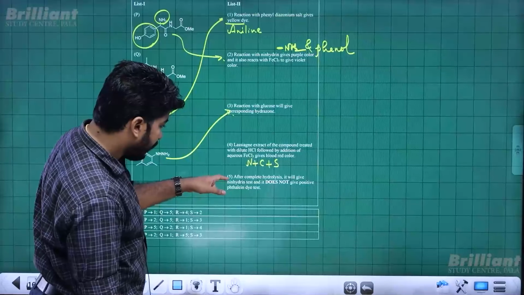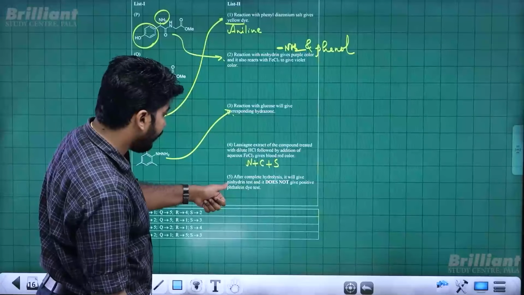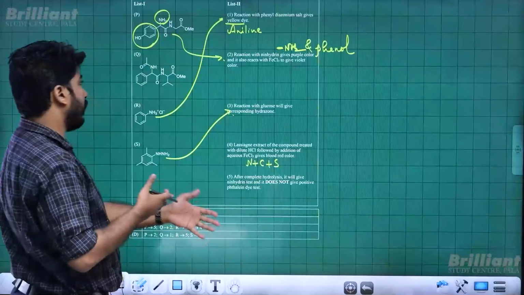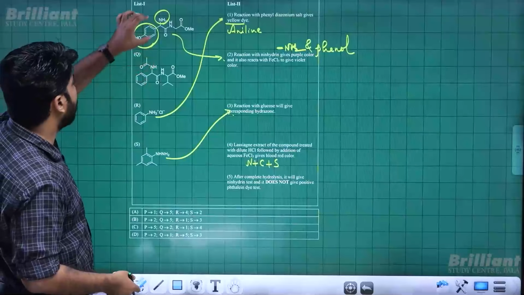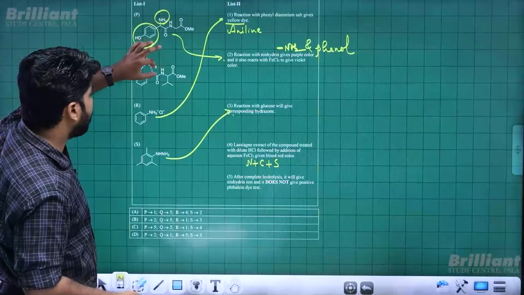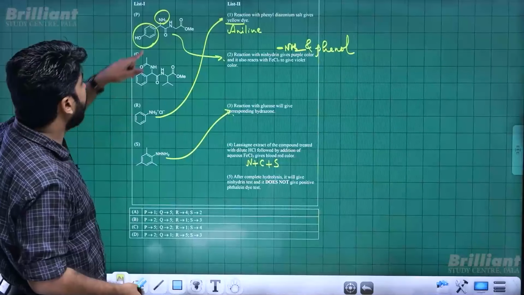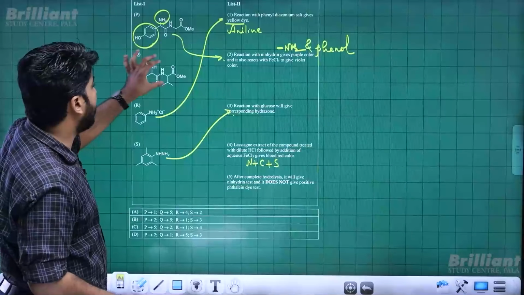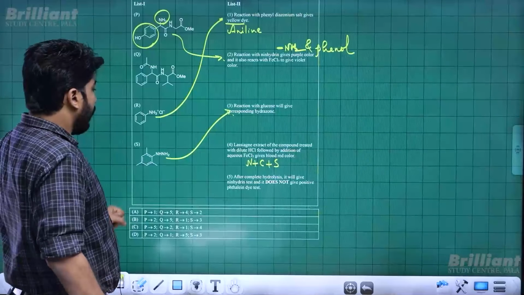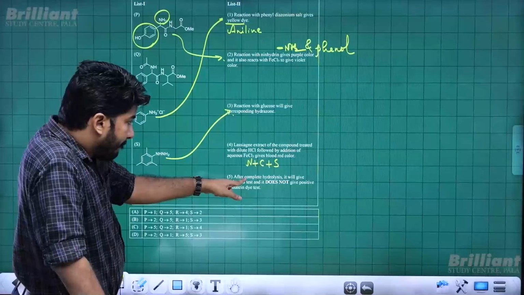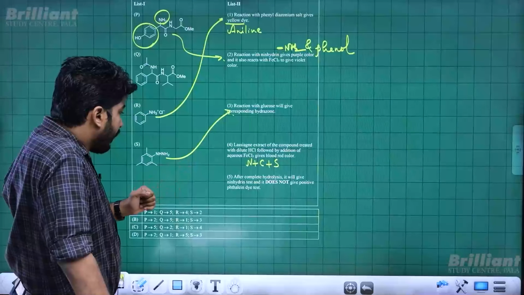And the last one, after complete hydrolysis it will give ninhydrin test. That means amino acids are generated on hydrolysis, because these two are peptides. You can see this is a dipeptide, this is a dipeptide, and you know which amino acids are involved in the dipeptide. You know the structure of amino acids also. Here complete hydrolysis will give ninhydrin test.